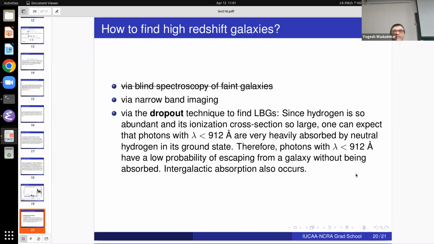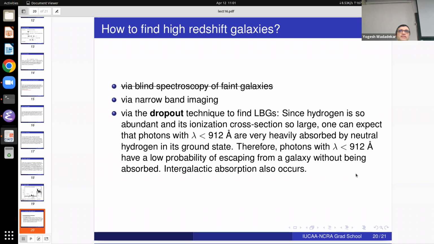Yes, correct. So I have a tunable filter which I'm moving, I'm changing the wavelength pass band of that filter. Suppose I want to look for H alpha, let's say, which is at 6,000 angstroms. Actually, Lyman alpha is better because that will take you into the optical. So the Lyman alpha is at 1216 angstroms, right?